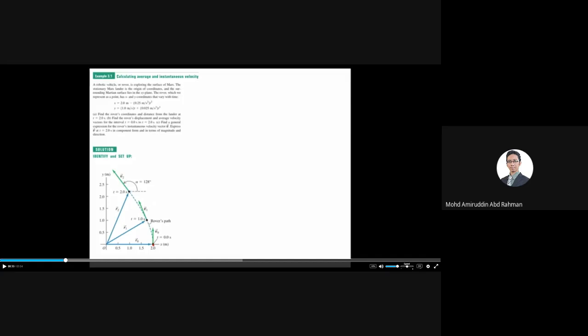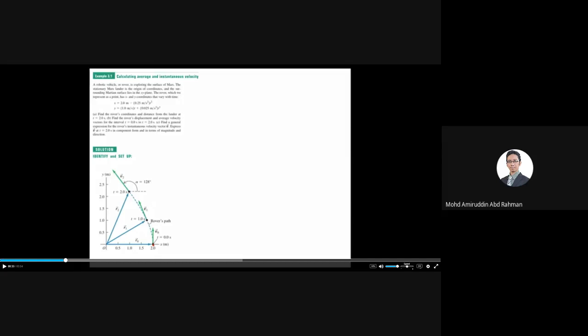And y is 1 meter per second t plus 0.02 meter per second cubed t cubed. So now we need to find the rover's coordinate and distance.